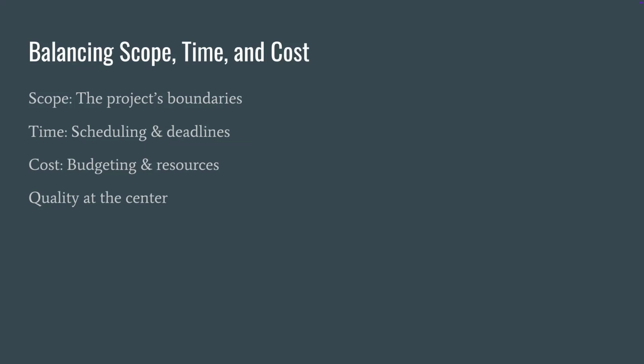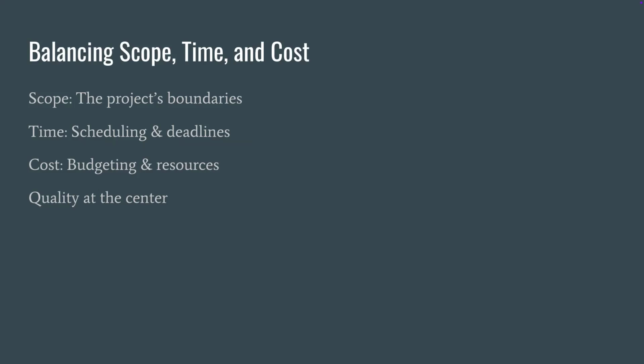If we take a look at each, first scope. Scope defines the boundaries of what the project will deliver. So if the project scope expands, such as adding new features or requirements, it generally has a direct impact on both time and cost.